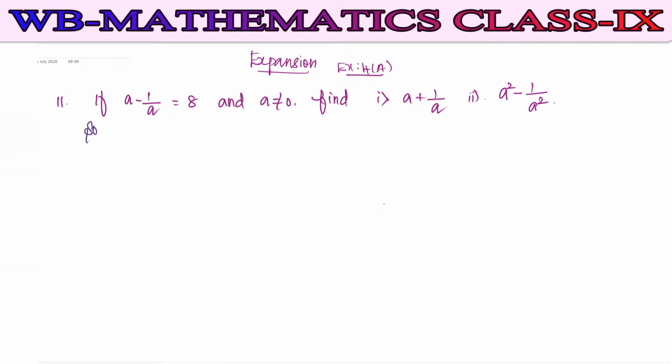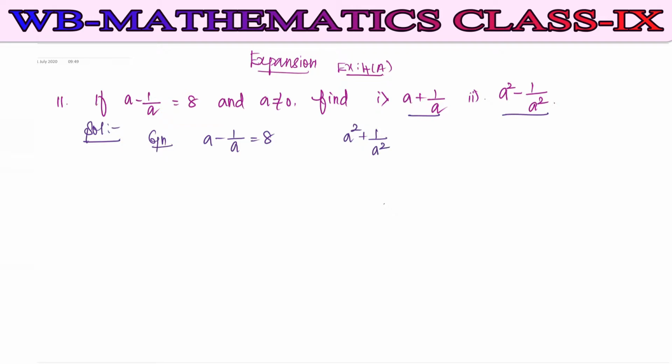Solution. Here given a minus 1 by a is equal to 8 and we need to find a plus 1 by a and a square minus 1 by a square. So to find a plus 1 by a, first we need to find the a square plus 1 by a square value.